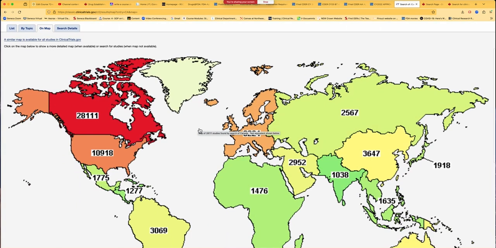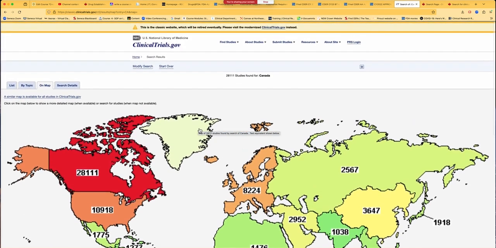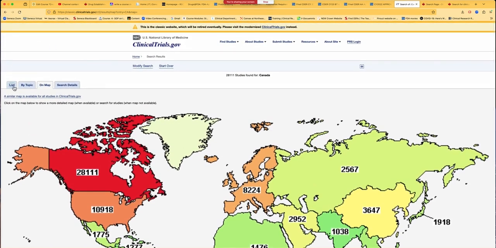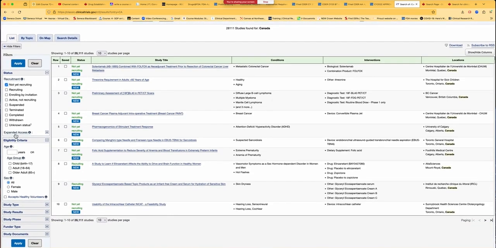So this is again an excellent tool for regulatory strategy, not just by looking into all of these studies, by looking into the list, then to just say what are the studies that are not yet recruiting, for example. Now you may want to see how many of those studies are again in children up to the age of 17.